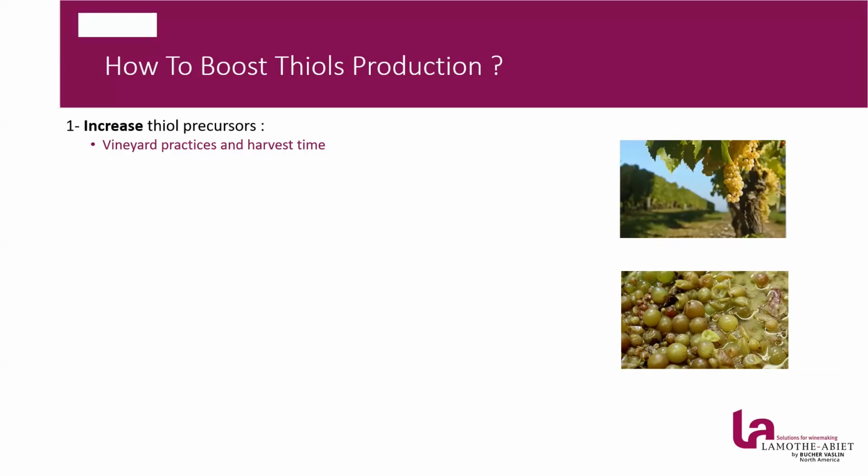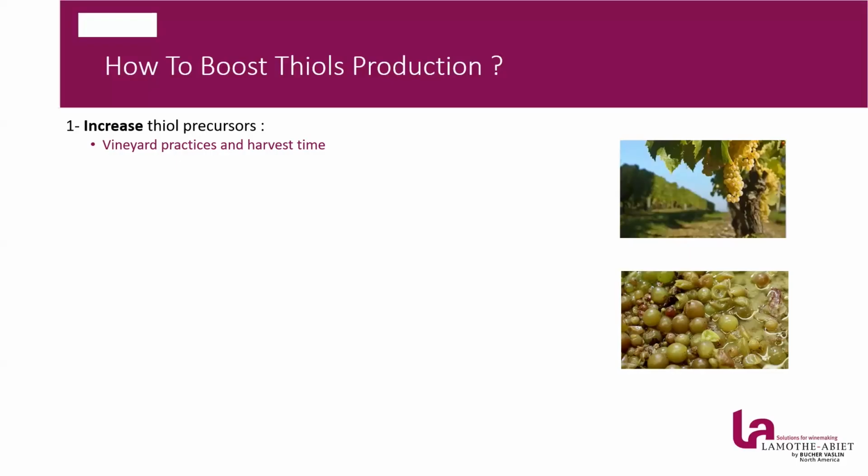In terms of vineyard practices, studies showed that moderate hydric stress, nitrogen fertilization, or foliar nitrogen spray will increase the amount of thiol production, but also harvest time is very important.